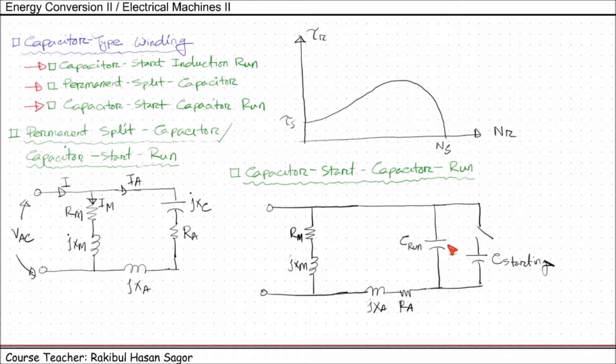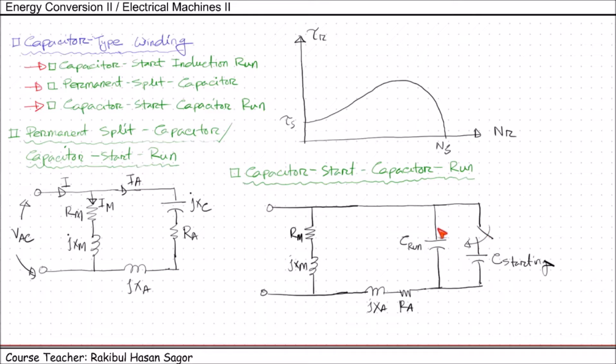Now when we switch on the motor, this centrifugal switch is connected and both capacitors are in operation. So the capacitor values are set so that at starting it gets a very high amount of starting torque. Under running condition, the centrifugal switch will be disconnected, and this capacitor will be disconnected.